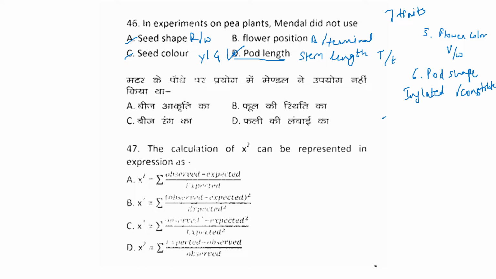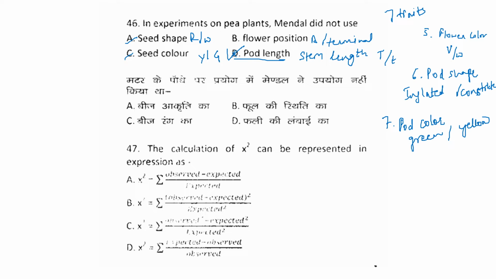Constricted. And the seventh one was pod color, that was either green or yellow. These were the 7 characters used by Mendel.